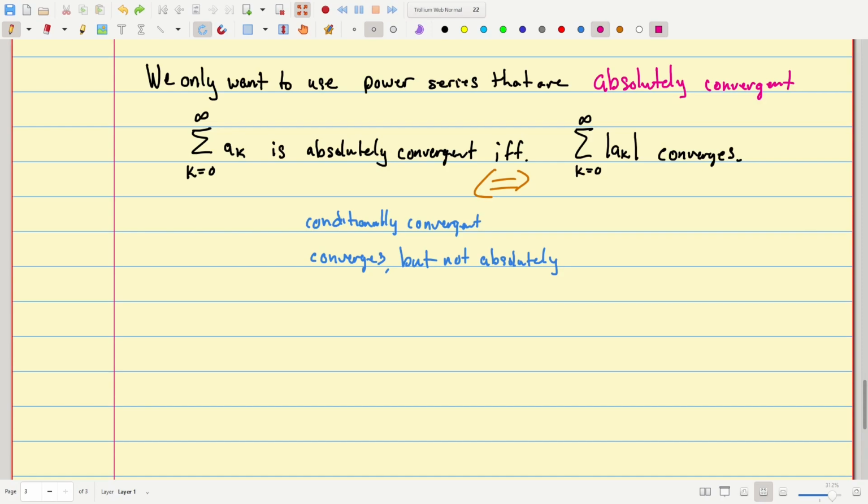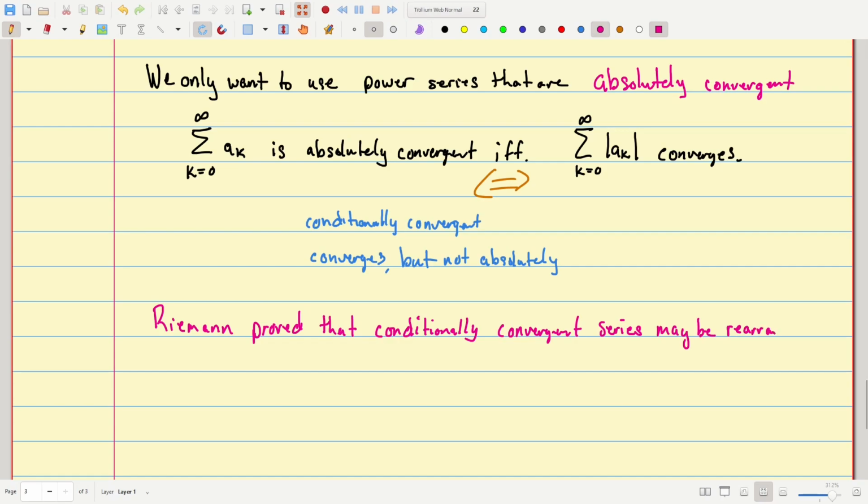This is not a number theory class or a class where we're going to get into the details of the calculus here. But it turns out that Riemann, yes, the same Riemann, proved that if you take a conditionally convergent series and rearrange it in the correct way, you can make the series add up to a different number.